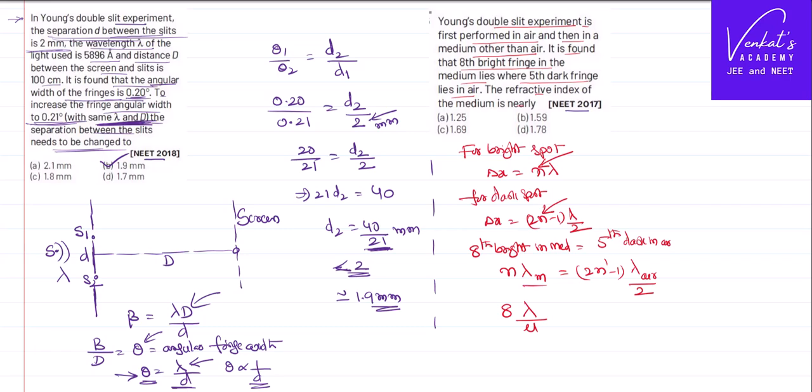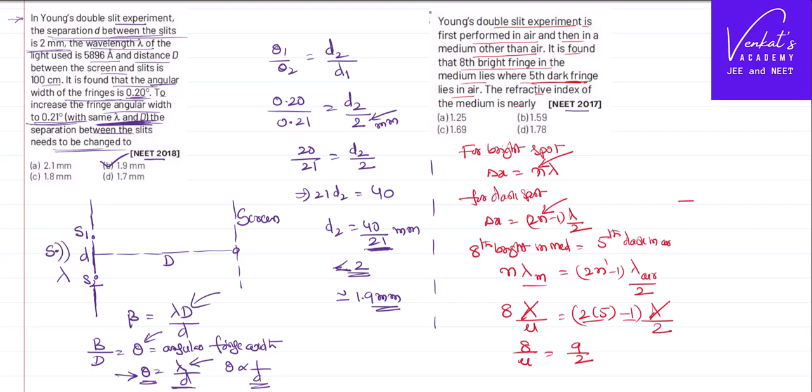The wavelength decreases in a medium when compared with air. This equals the fifth dark, lambda by 2. This lambda and lambda will cancel. So 8 by mu equals 10 minus 1, 9 by 2.